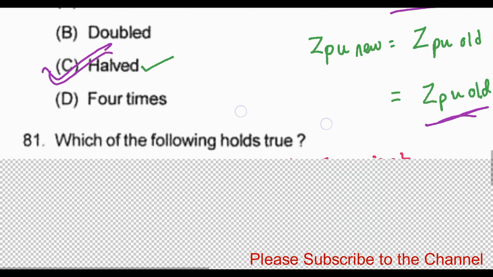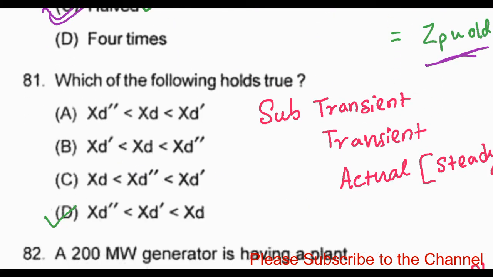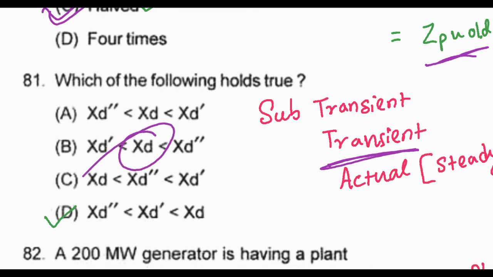Next question is, which of the following holds true? Here XD double prime is the sub-transient direct axis reactance of the alternator or synchronous generator, XD prime is the transient direct axis reactance, and XD is the actual or steady state reactance.